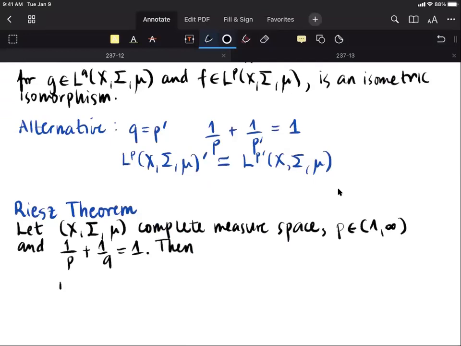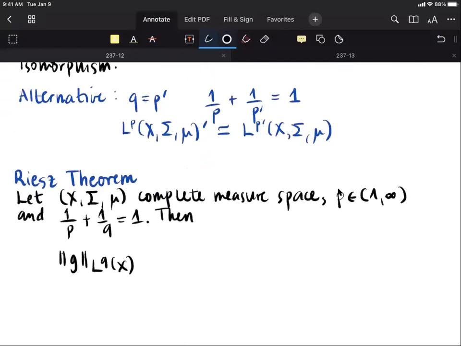Then taking the LQ norm of G, here we do not emphasize the sigma algebra and the measure for the norm. This equation is valid for all G in LQ.